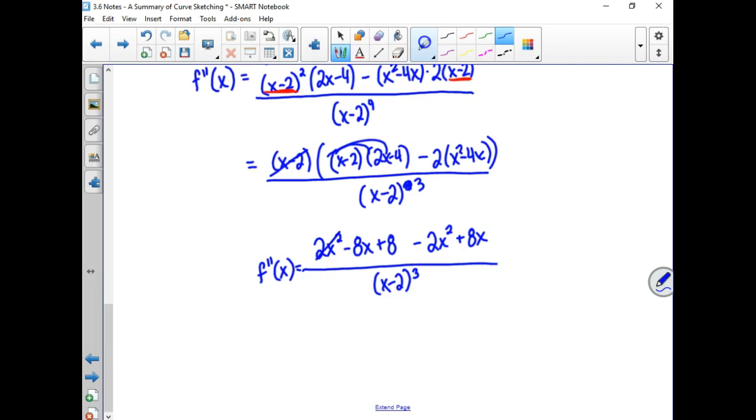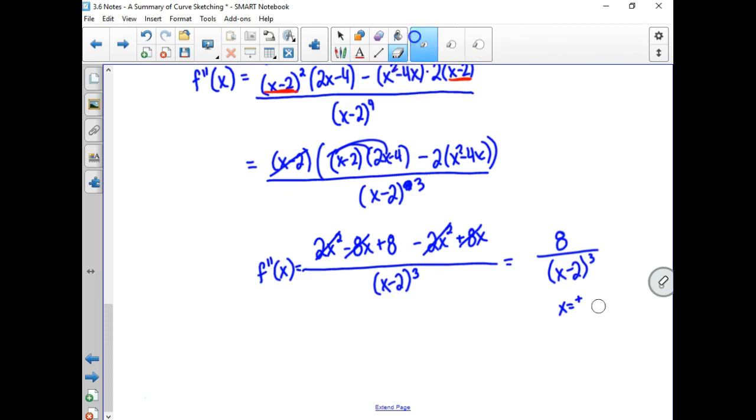And so this cancels, and this cancels, and we're finally left with 8 over x minus 2 to the 3rd power. And what will our critical points for the second derivative be here? 2 and 8. No. Just 2.